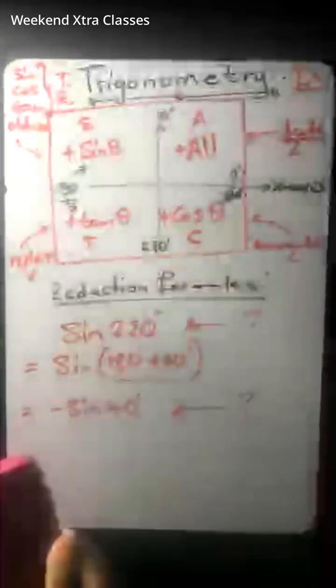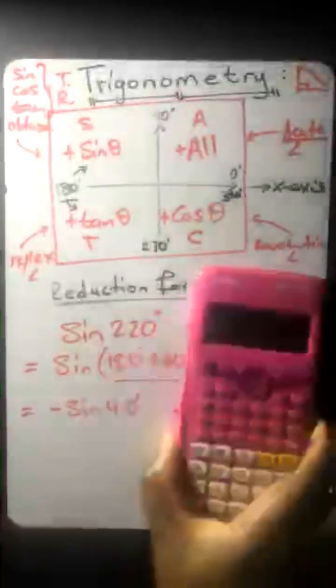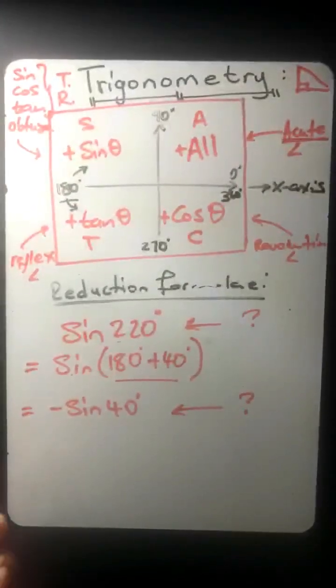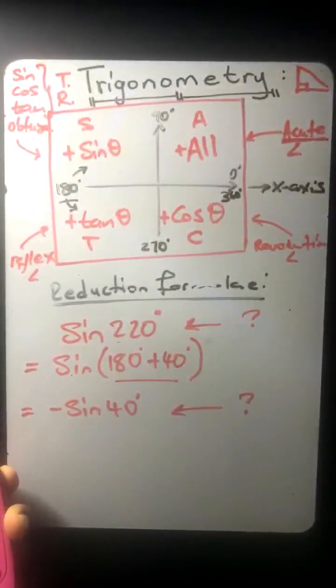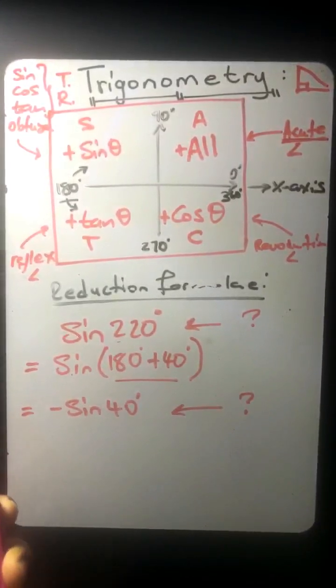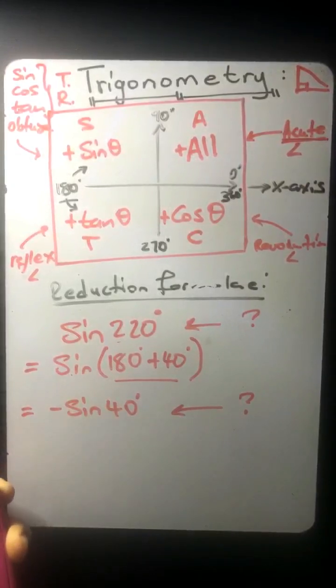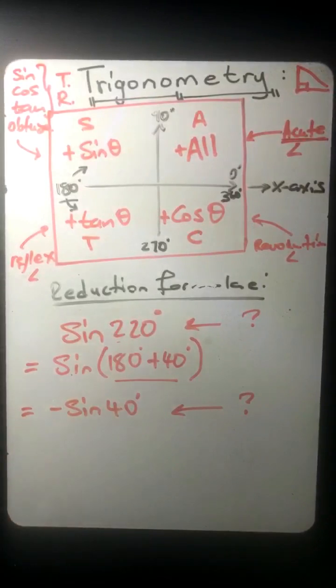Remember, guys, it's load shedding on my side. So, sine of 220, punch that, Sean, it's a negative value, and then this one you punch negative sine 40. Negative sine 40, yes, is the same number.